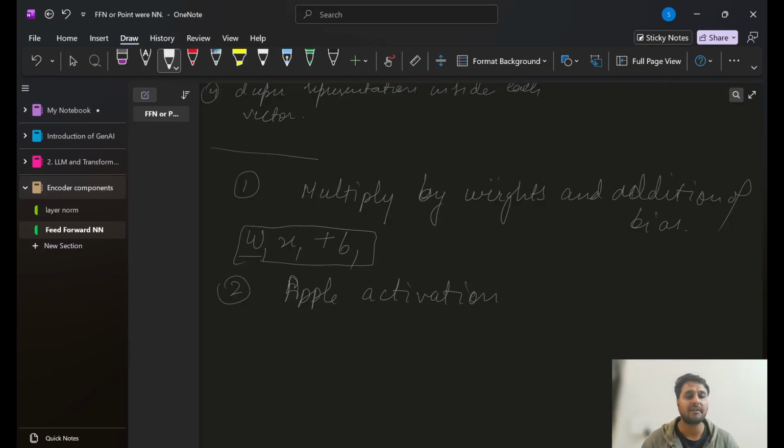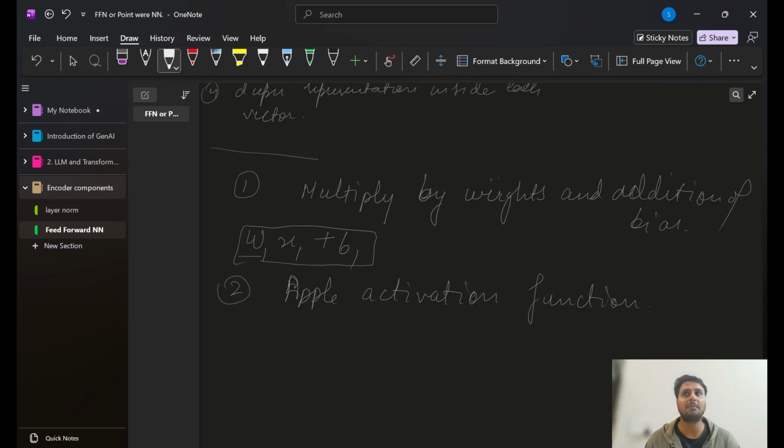Without an activation function, a neural network is just a linear transformation of a matrix. We are only multiplying and adding random values, which will not help us capture complex patterns. So to get a richer representation of each vector, we need activation functions, and this is where the magic happens.